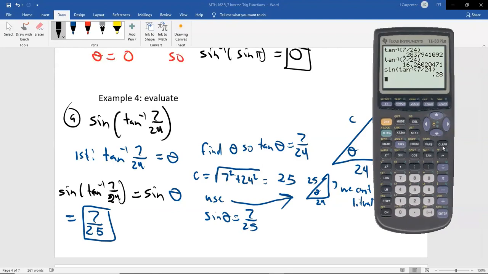Second of all, inverse trig functions in calculators are very wacky when you're using them, because the calculators have the issue of they're not always sure about the quadrants. So you might do a sine of an inverse trig function and you get something and it's supposed to be the negative of that. Or you get a negative and you were actually supposed to have the positive of it. So you just have to be careful.